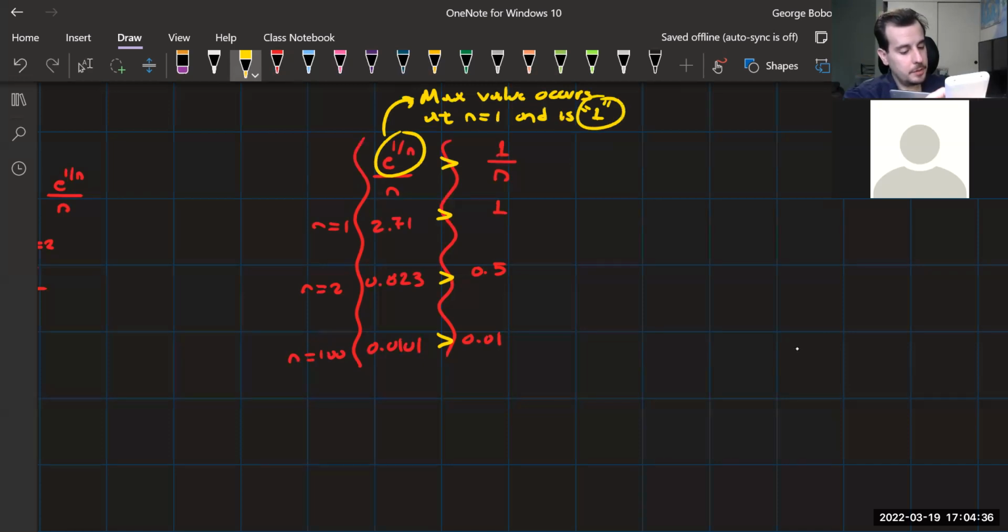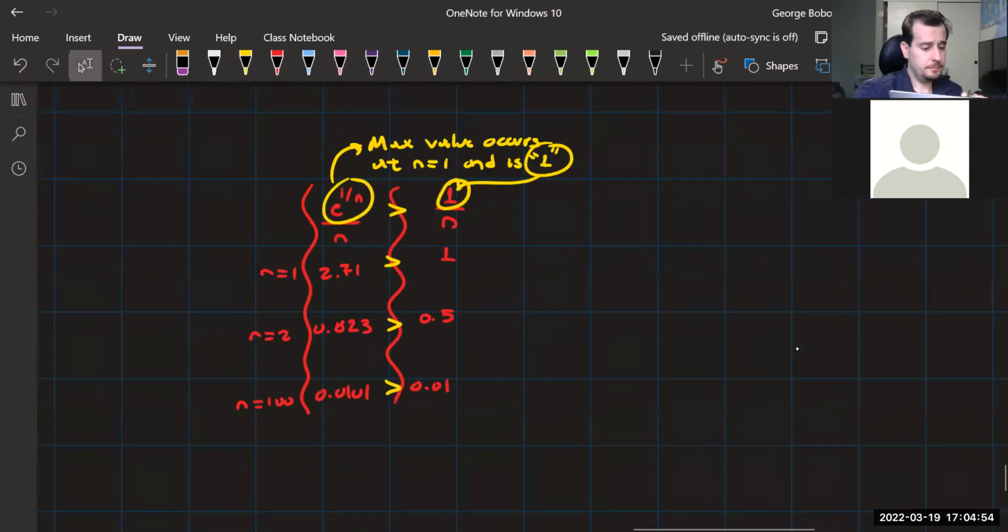So you replace the e to the 1 over n. You go, why don't I replace that with the 1? That will guarantee forever that the left one is always bigger. That's what I did here. You can also replace it with e if you want the opposite effect.